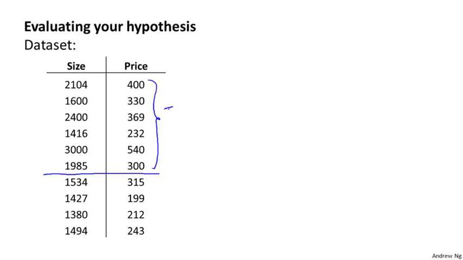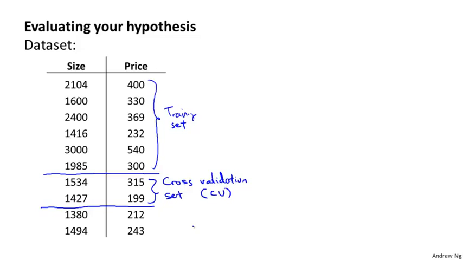The second piece of this data I'm going to call the cross-validation set, and I'm going to abbreviate cross-validation as CV. Sometimes it's also called the validation set instead of cross-validation set. And then the last part I'm going to call my usual test set.